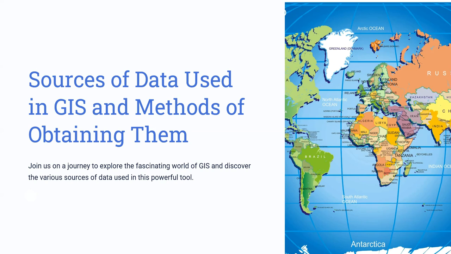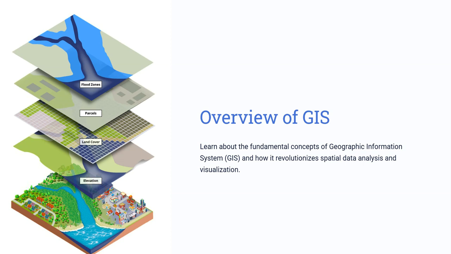Now we will come to the sources of data used in GIS and the different methods of obtaining them. In the overview of GIS, there are two kinds of data: one is spatial data, and another is non-spatial or attribute data. Spatial data we can collect from different sources.